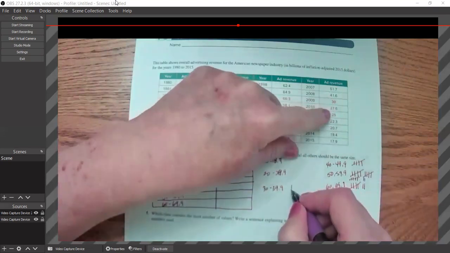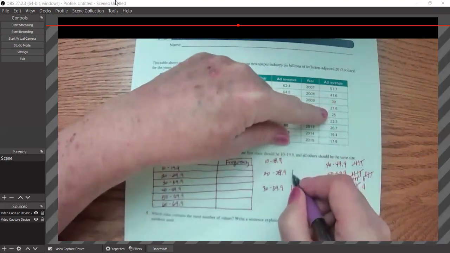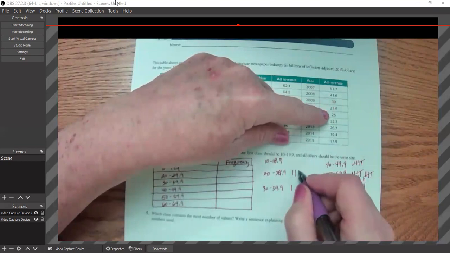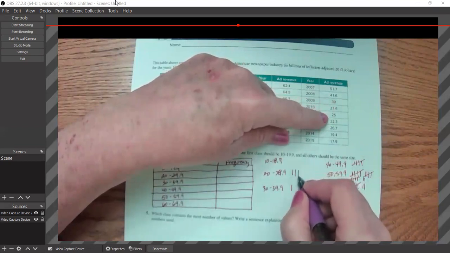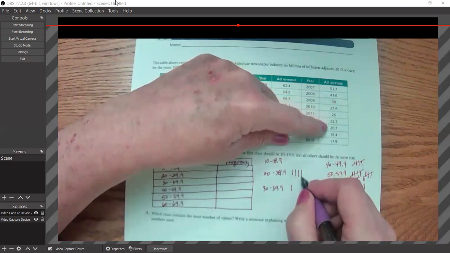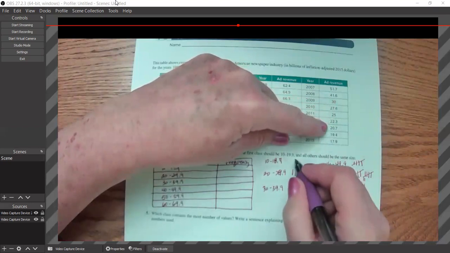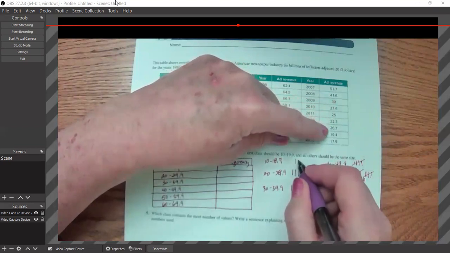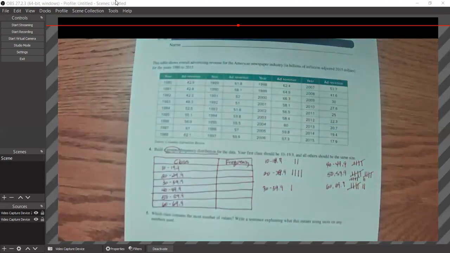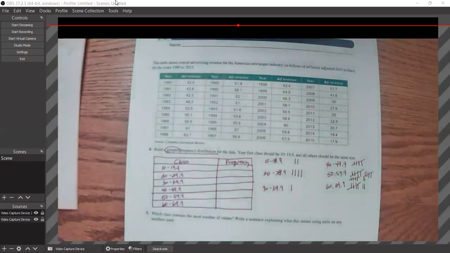Then we have a 30, and a 27.6, and a 25, and a 22.3, and a 20.7, and then 19.4, and a 17.2.